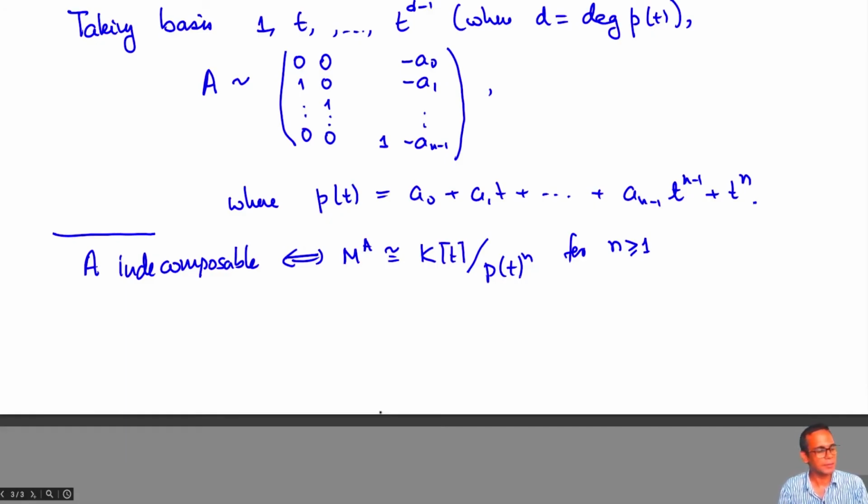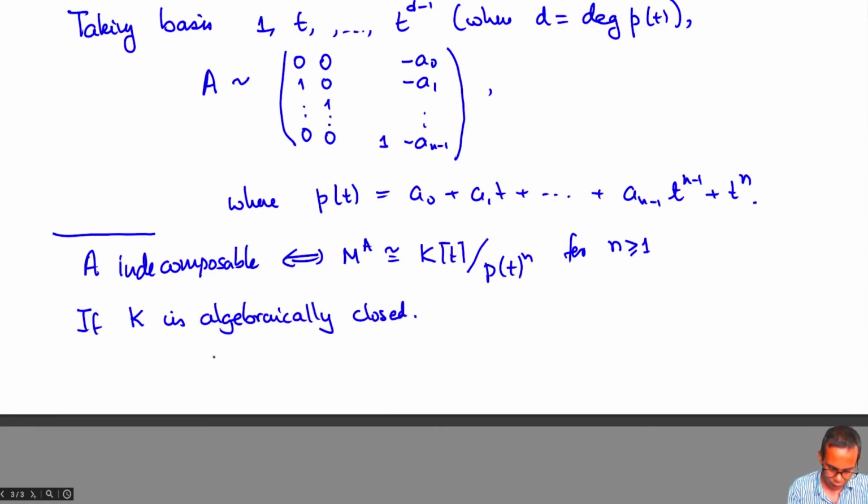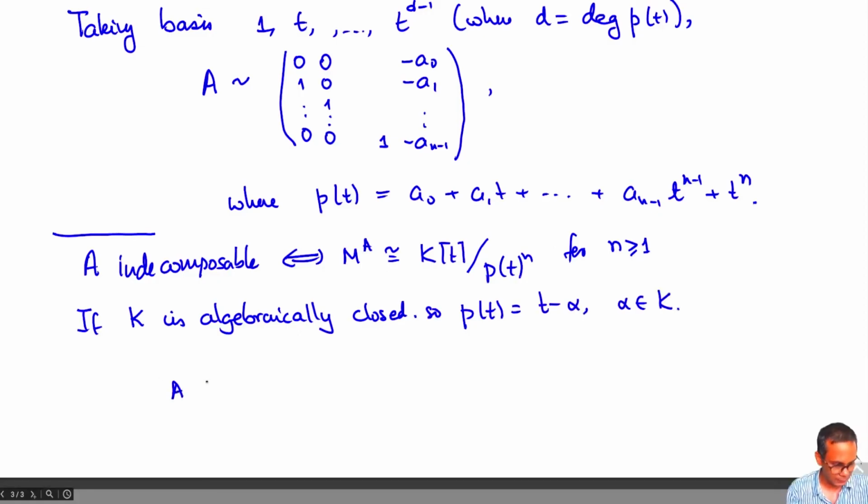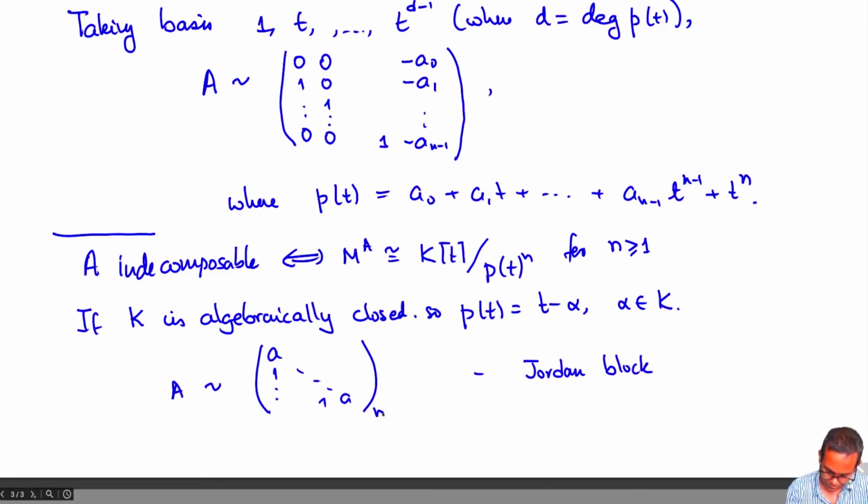But for now, I'll just keep this simple, and let's assume that K is algebraically closed. Then what we've seen is that P(t) has to be of the form t minus alpha for some alpha in K, and what we get is that A is similar to this Jordan block of size n.